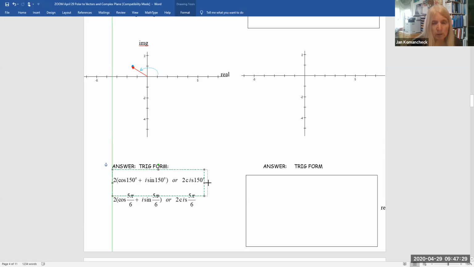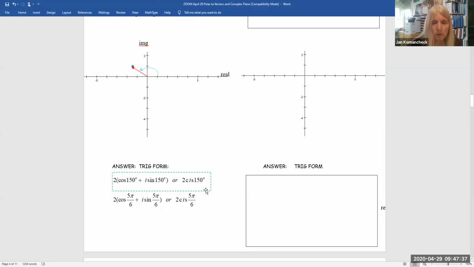well, it depends on what the book asked me to do. Do they want my angle in degrees, or do they want my angle in radians? Please make sure that you read the directions, because lots of times they will say they want it in 0 to 2 pi form, or 0 to 360 degrees.